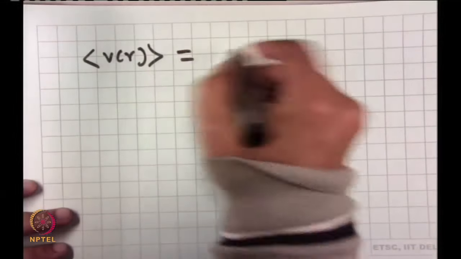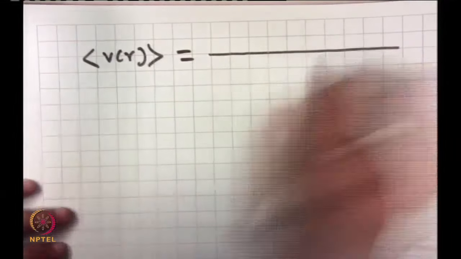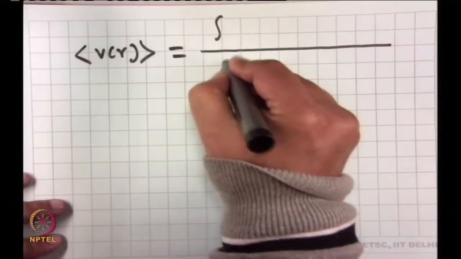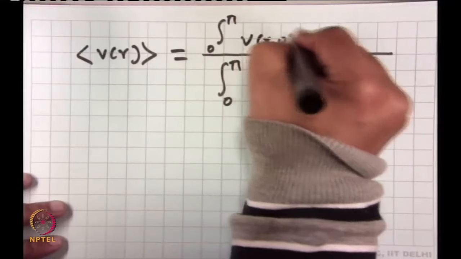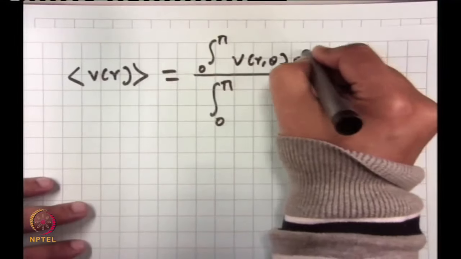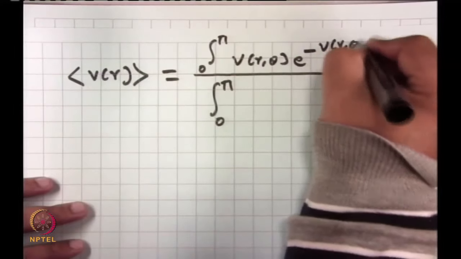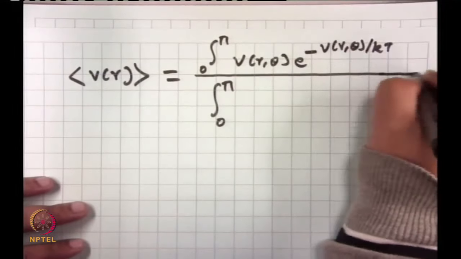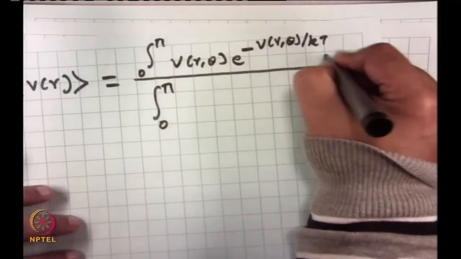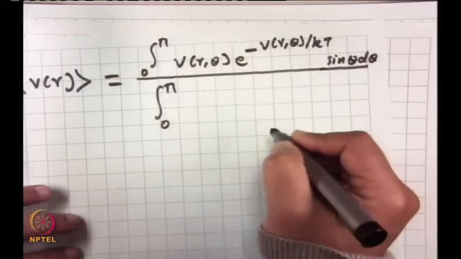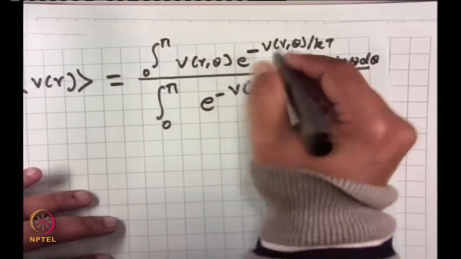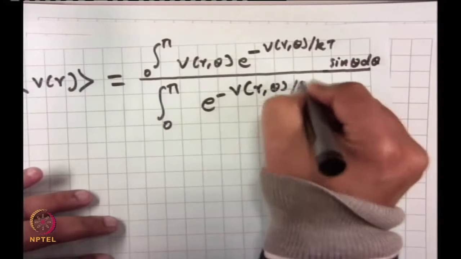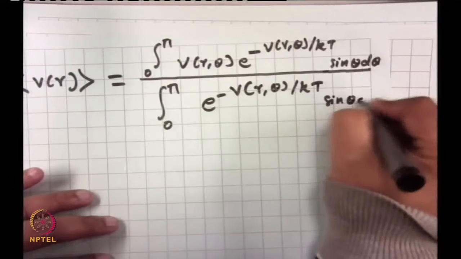So this is equal to, now this you have to remember, let us look at the limits, 0 to pi. The numerator is the integral of V of r, theta, e to the power minus V of r, theta over kT, times sin theta d theta, and in the denominator you have the integral of e to the minus V of r, theta over kT, sin theta d theta.